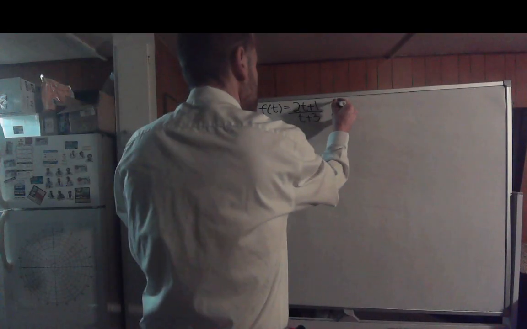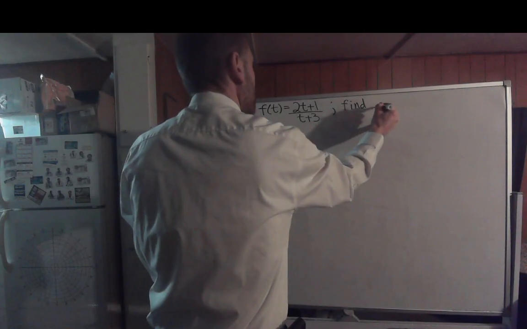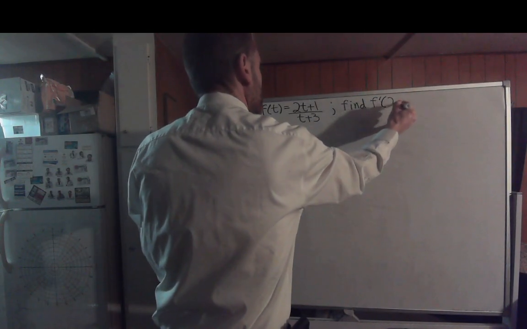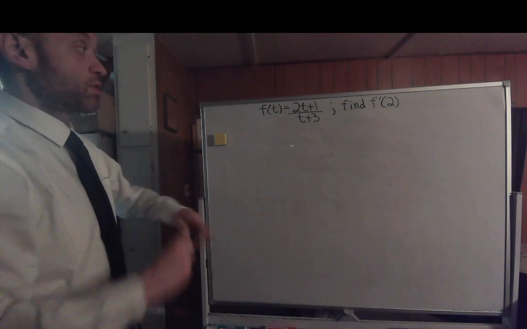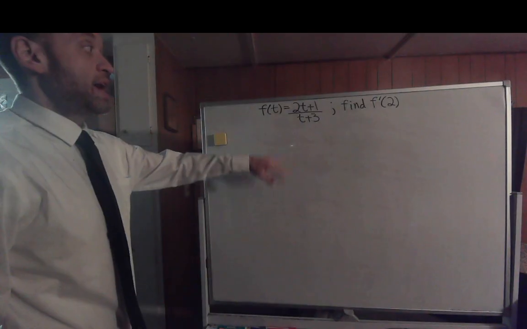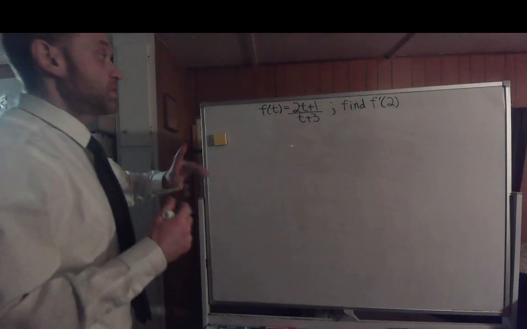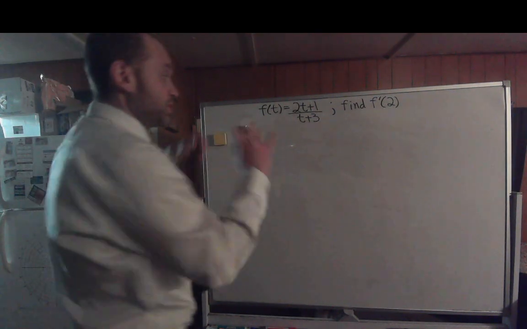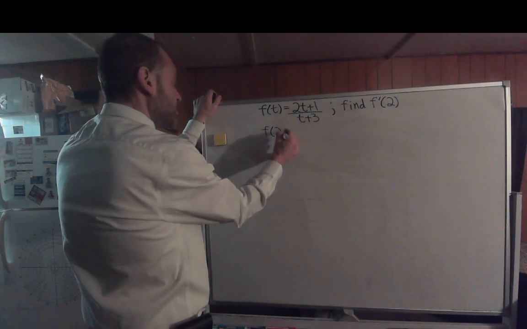They want us to find f prime of 2. So we're going to find f prime of 2, in other words, the derivative when t equals 2. So first thing I'm going to say, again, let's take f of 2 itself.